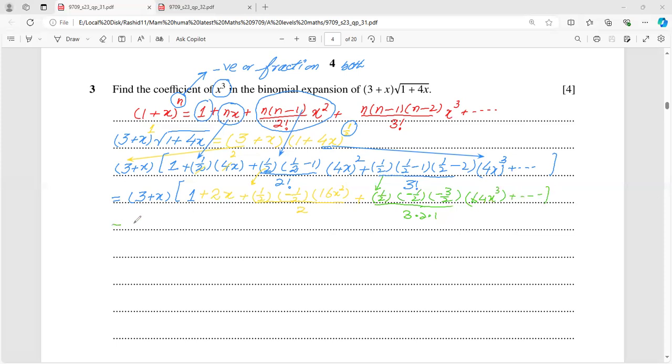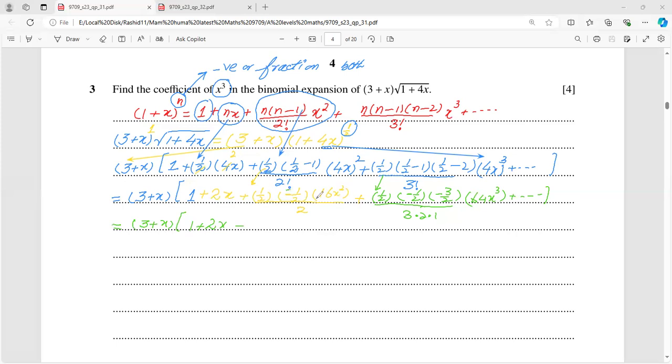What will you get? 3 plus x over here as it is, 1 plus 2x as it is, plus. That becomes minus sign because minus is over here. So that becomes 1 by 2 minus 1 by 2. That is minus 1 by 2 over here.